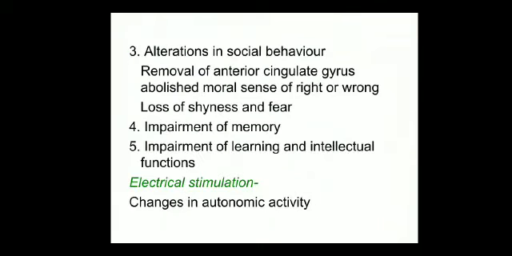And then you will see alteration in the social behavior. Removal of the anterior cingulate gyrus abolishes the moral sense of right or wrong. When you remove, unilaterally or bilaterally, the anterior part of the cingulate gyrus, this causes loss of the moral sense of right and wrong.